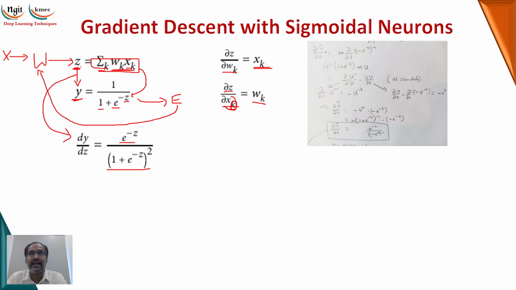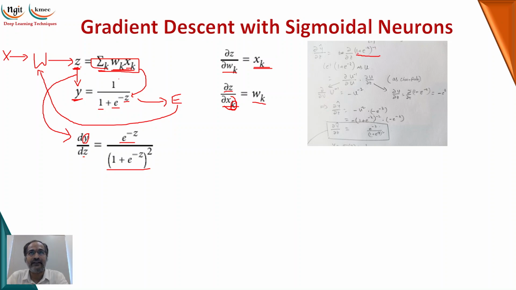Dou y hat, here I have taken y hat, y or y hat, you can take that. So dou y hat by dou z, I am taking this, and in the place of y we have to take 1 by 1 plus e power minus z. Instead of that, I am taking it as an inverse: 1 plus e power minus z whole power minus 1.